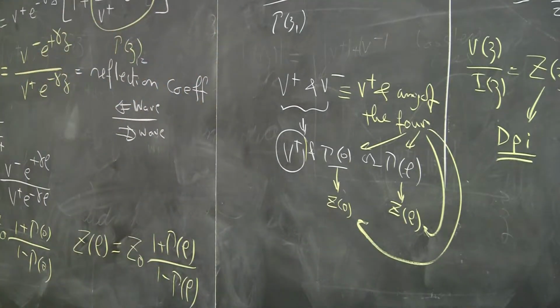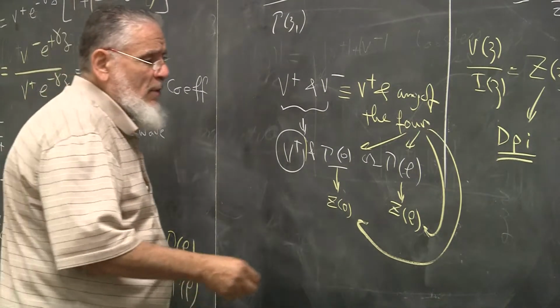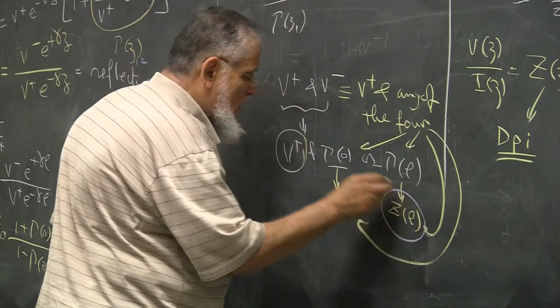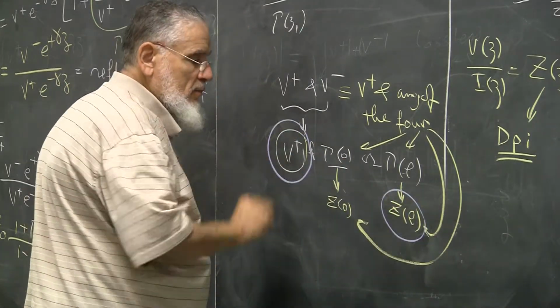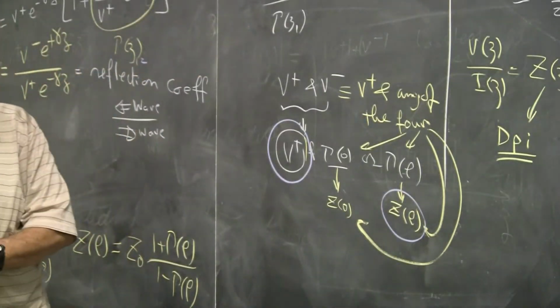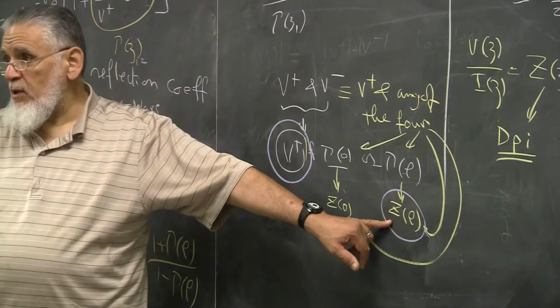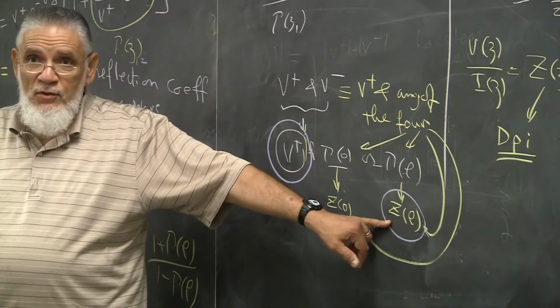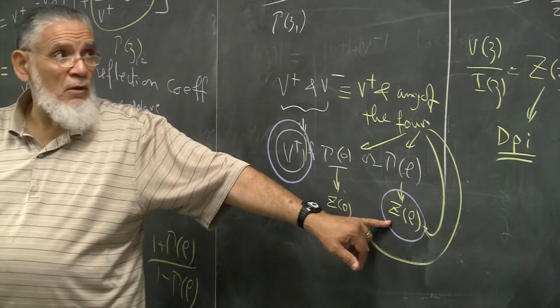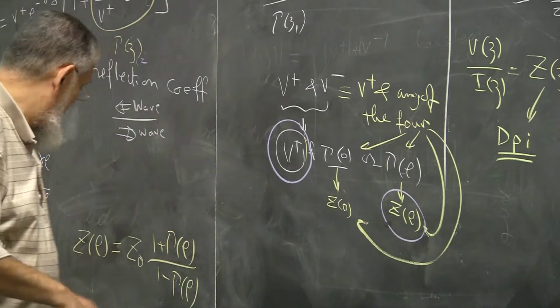Either gamma of 0, gamma of L, Z of 0, Z of L. The relationships are simple here. We can get them in terms of each other. Obviously, the nicest combination would be this one and this one. Why? Because Z of L is the impedance at the end of the line, which is your termination, which we should be familiar with.